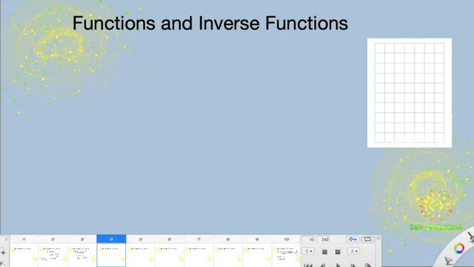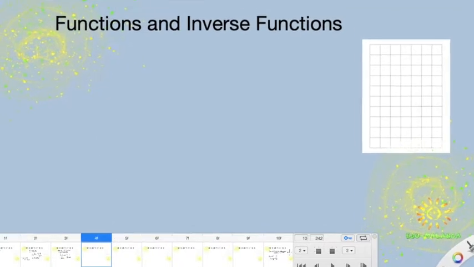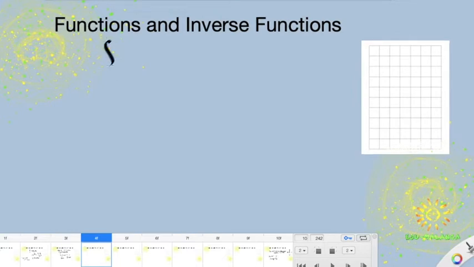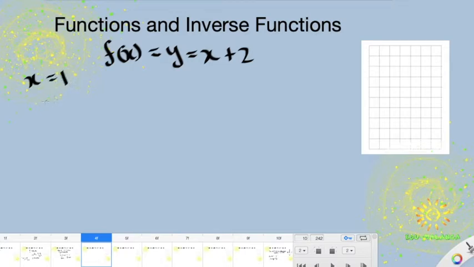I'm going to write the function down here so that we remember what it was: x plus 2. In this function, I'm going to substitute a couple of values for x: x equals 1 and x equals -1.